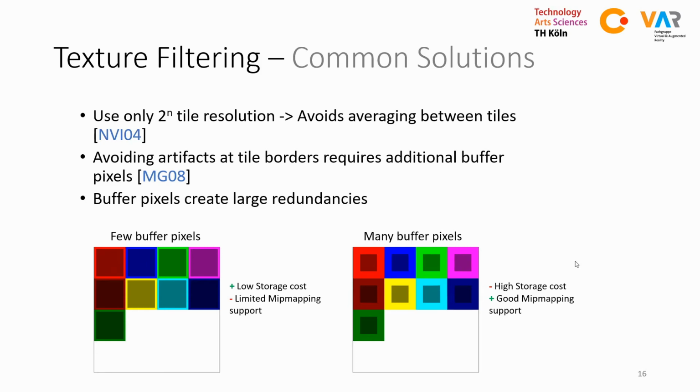In our case, the storage costs of a full MIP chain using buffer pixels was unfortunately out of scope. We ended up storing 16 buffer pixels, which translates to 4 correct MIP levels. However, this was not enough, as we still encountered aliasing artifacts for typical viewing distances.